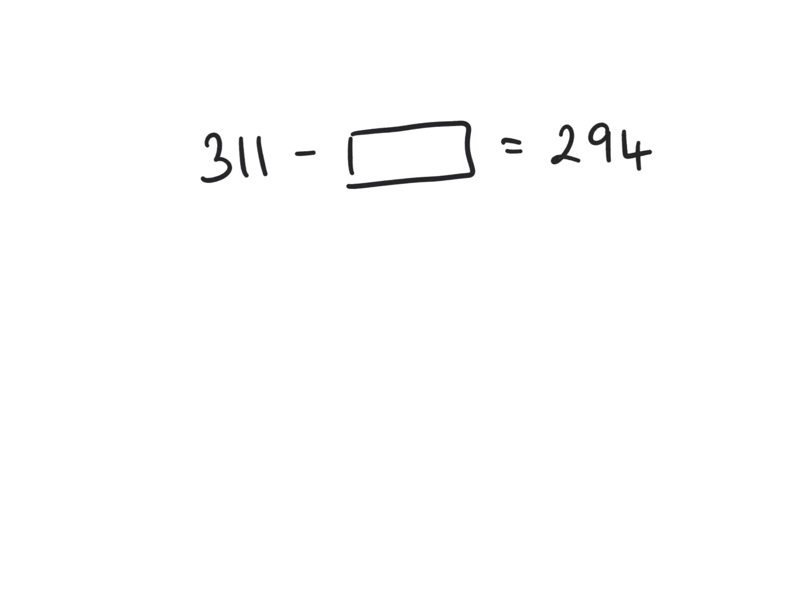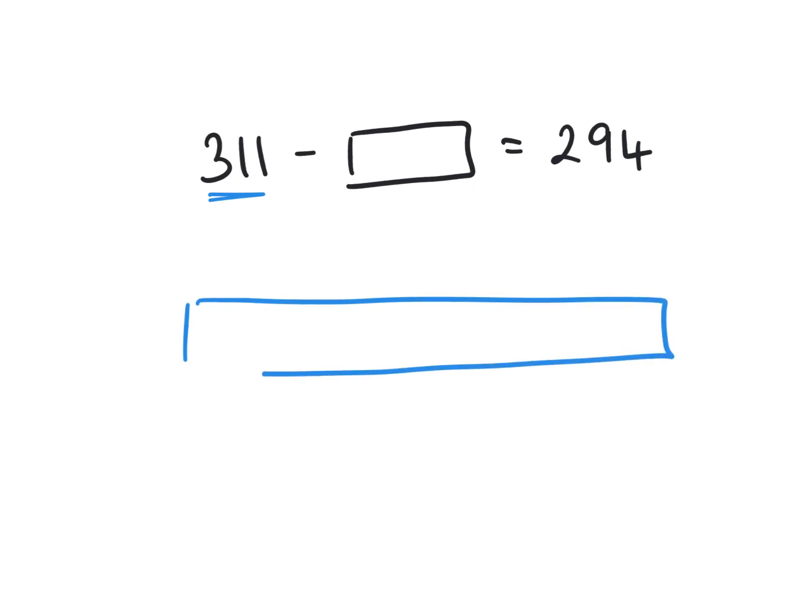And finally, we can have a look at a missing value involving a subtraction question. So we may have 311 subtract something gives us 294. So let's have a little look. So the original value, the whole value, the biggest value is 311. So that's going to be our bar.